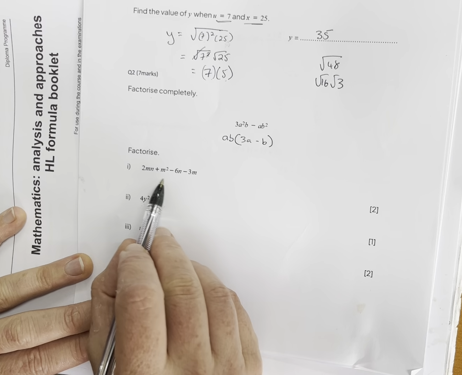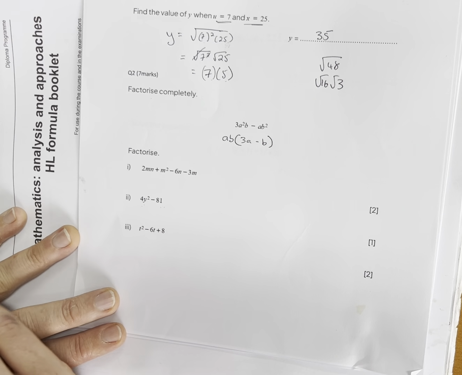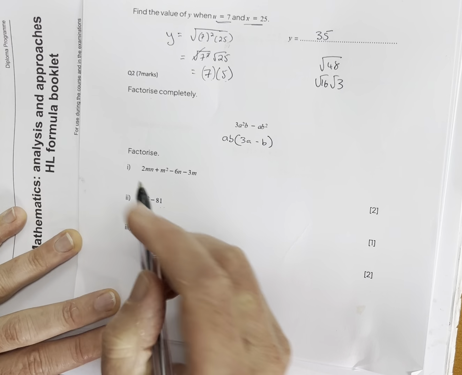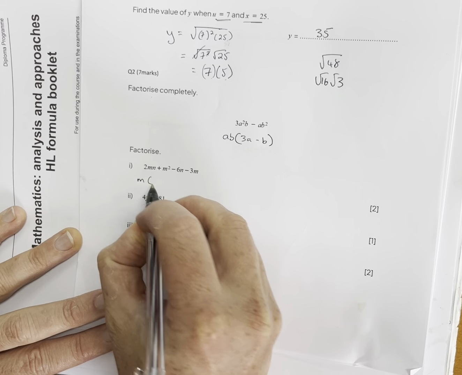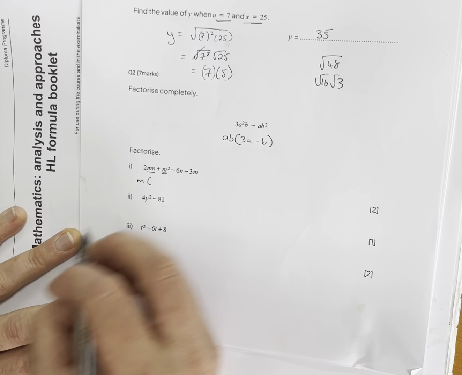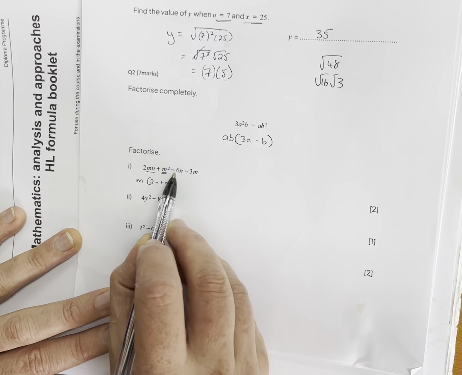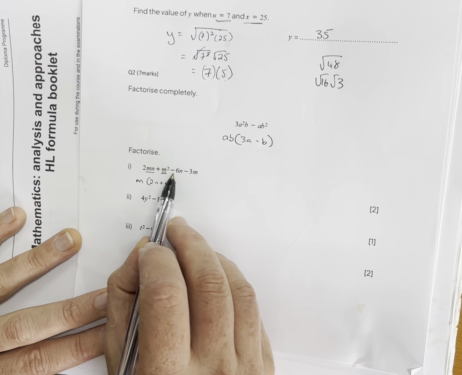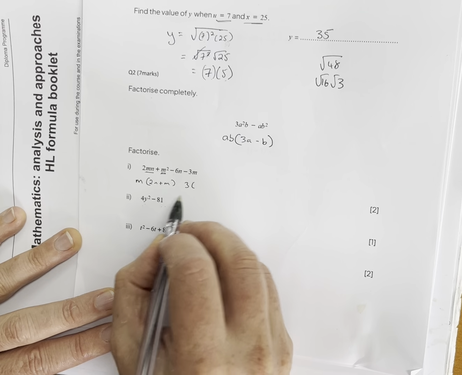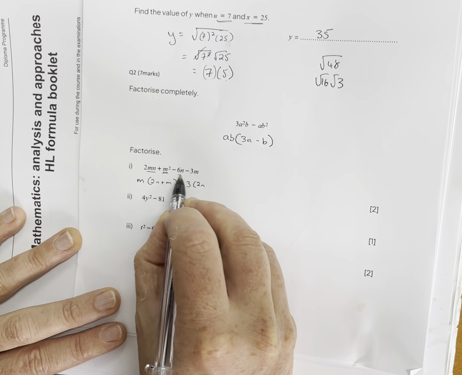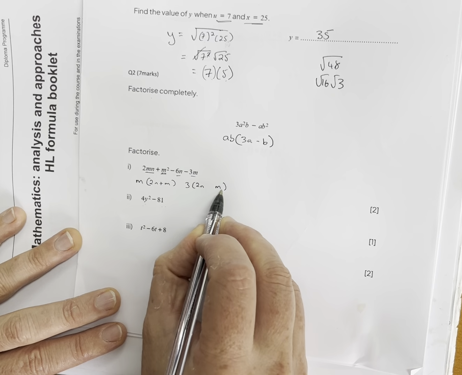Next one is, this is 4 terms, so that's nearly always going to be grouping. So I look for what's common in the first two. m is common, so I get 2n plus m. What's common in the second two is definitely a 3. The sign of which, I know if there's 2n here, it gives the 6m, and an m here gives the 3m.